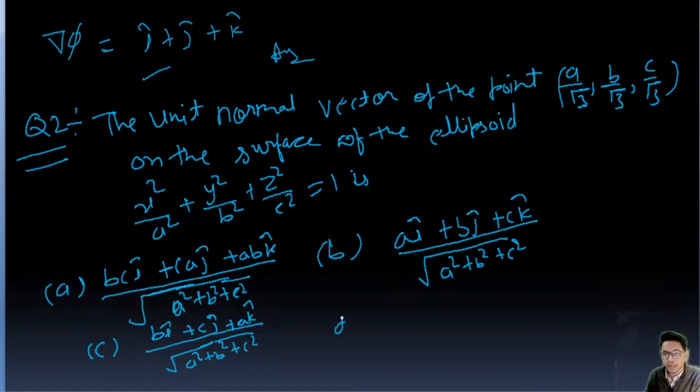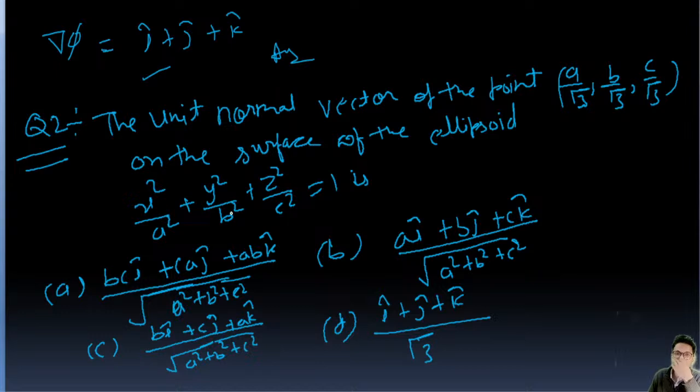And option D is i cap plus j cap plus k cap upon root 3.